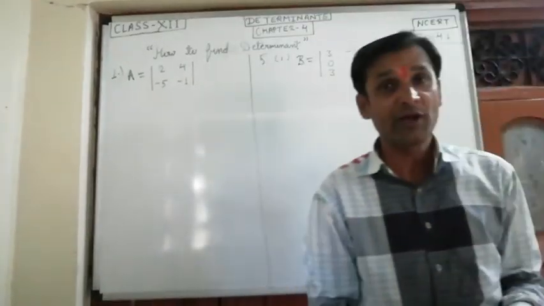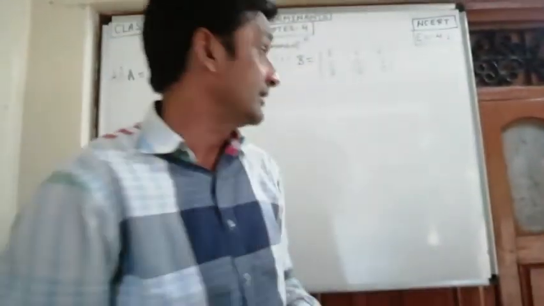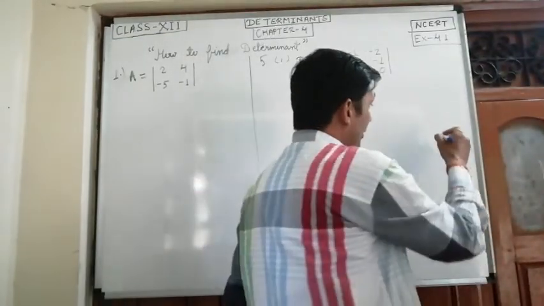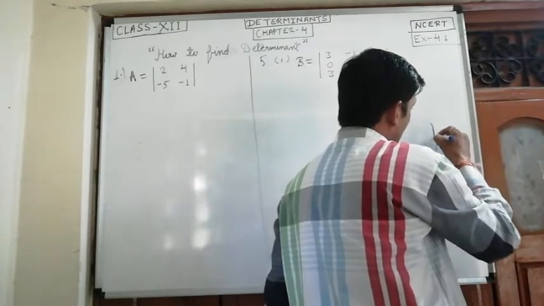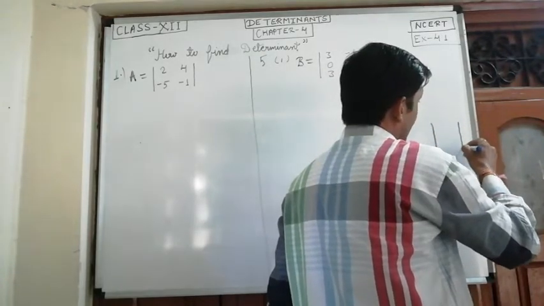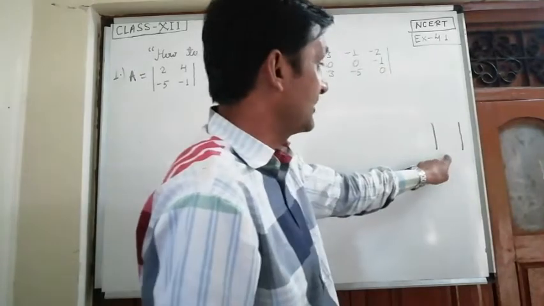Before it, I want to tell you one more important thing, that determinant will always be expressed in between two vertical lines. This is the symbol of determinant.